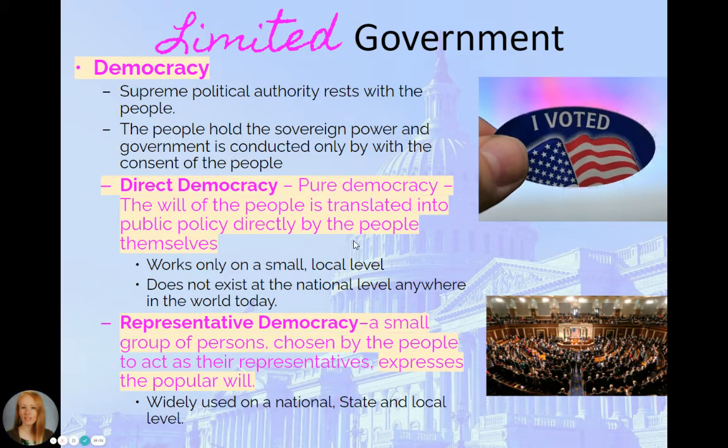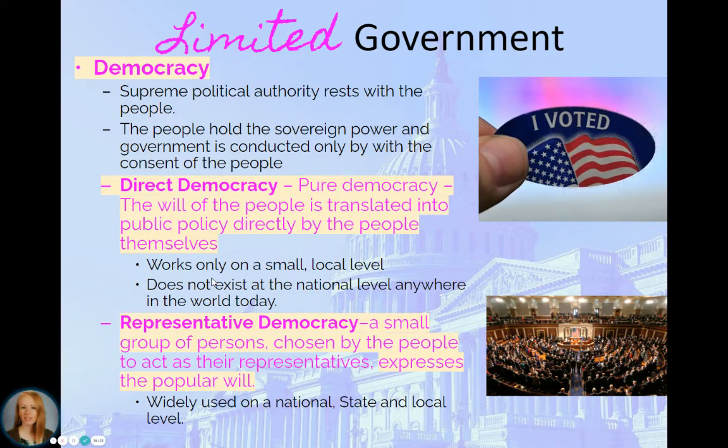That is direct democracy. Now, typically it works best only on small levels because there are fewer people. It doesn't exist on a national level pretty much anywhere in the world as of today.